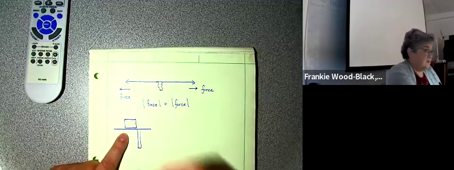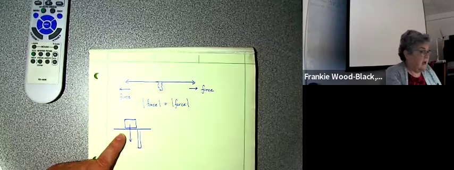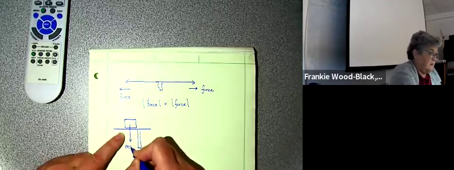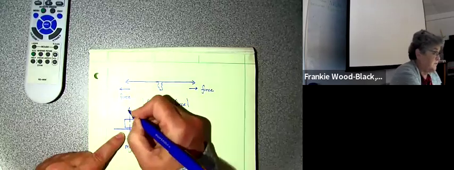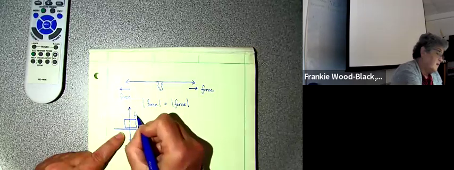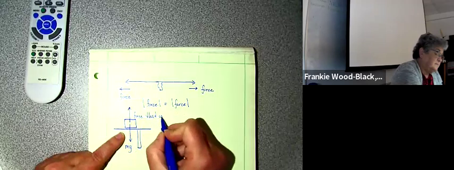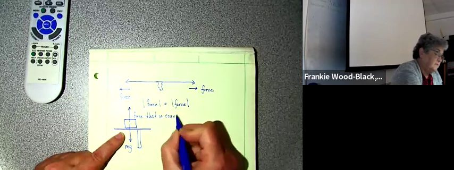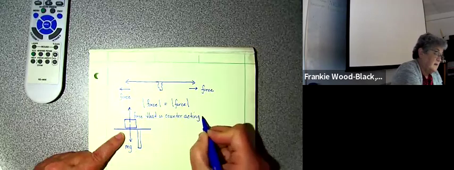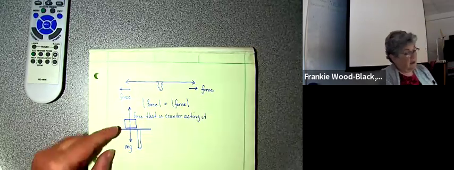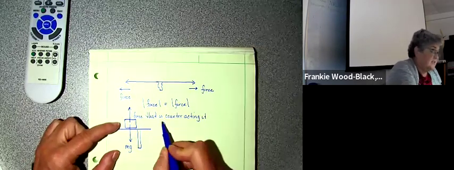This box has a force that's pulling it down, its weight, but it's not moving, so I have some sort of force that is counteracting it. Okay, and that's on my table. This is my tabletop.